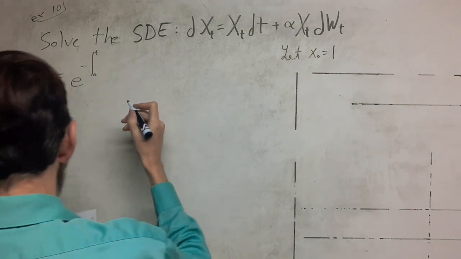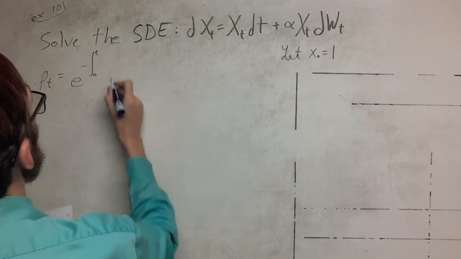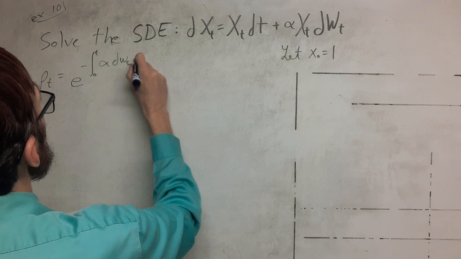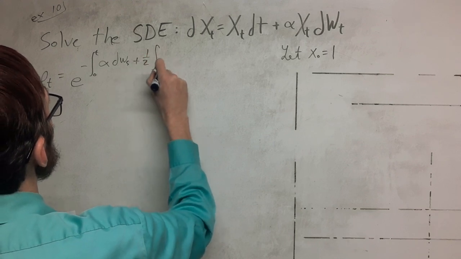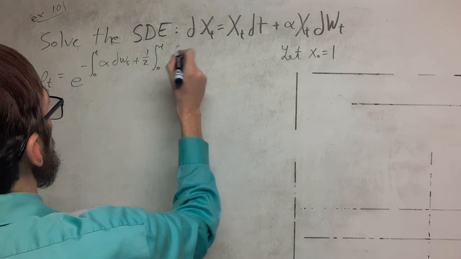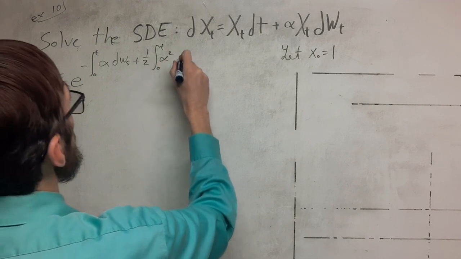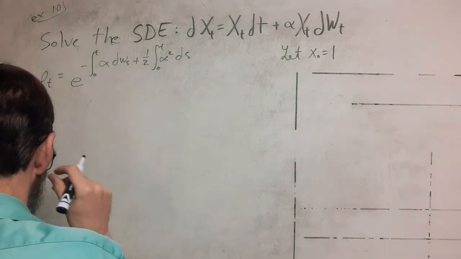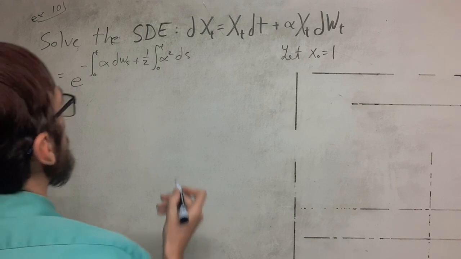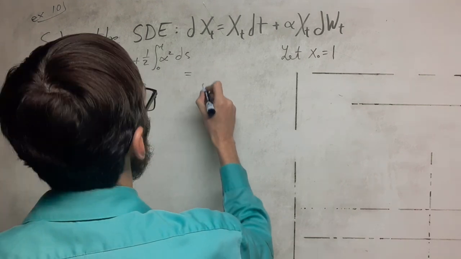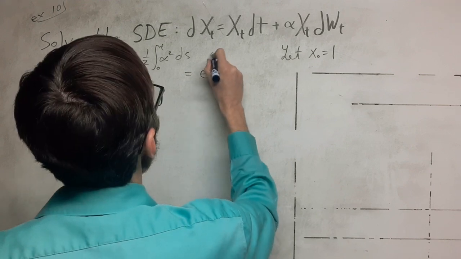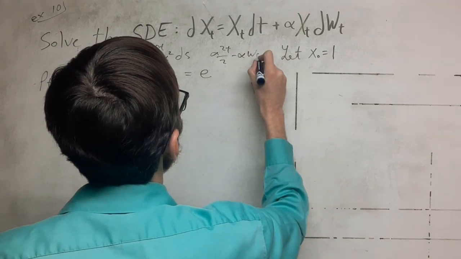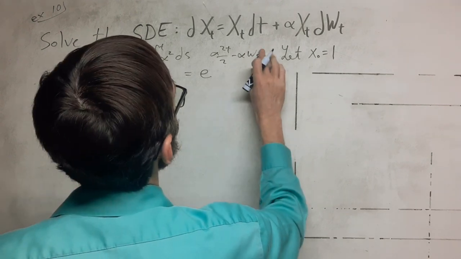So we're going to want alpha squared. Or sorry, just alpha on the first one, alpha dW sub s, plus 1/2 integral from 0 to t of the alpha squared ds. And then we want to simplify that. And that's going to give me e to the alpha squared t half minus alpha W sub t.